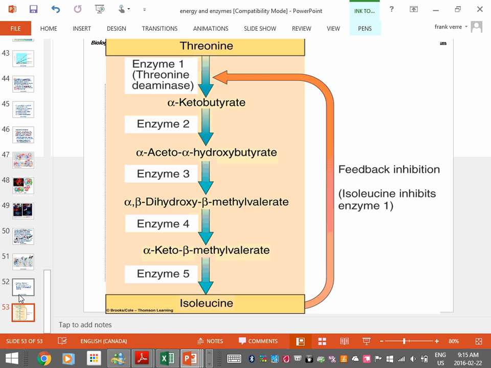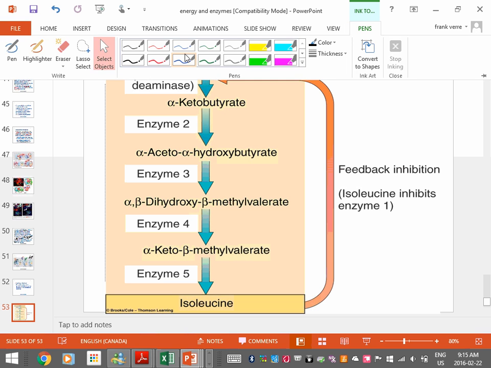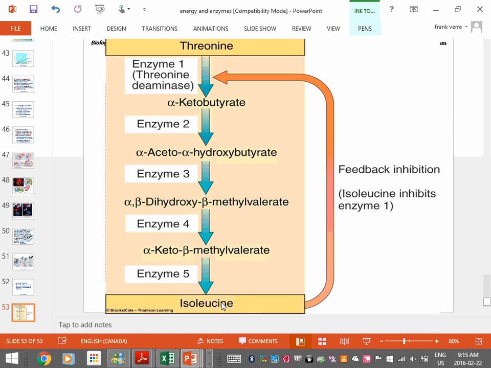So in this case, it's not energy. In this case, we're making a molecule called isoleucine, which is an amino acid. Okay? Your body has the ability to take this amino acid over here, and you can see convert it through a series of steps into isoleucine.